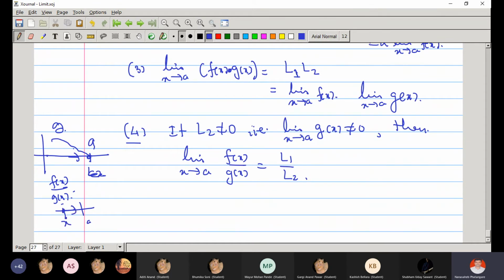At this place, it may happen that g is 0. How can you divide now? Right, so there is a dilemma. So g(x) should also be non-zero. Shall we put this condition? Yes, sir.